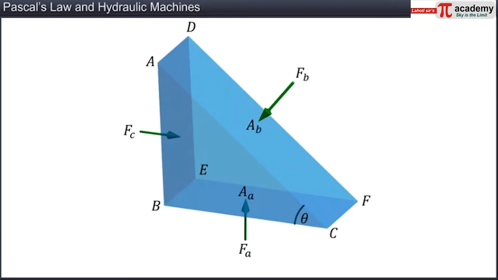AA, AB and AC represent the areas of the faces BEFC, ADFC and ADEB of the element respectively. PA, PB and PC represent the pressures acting on the areas AA, AB and AC.